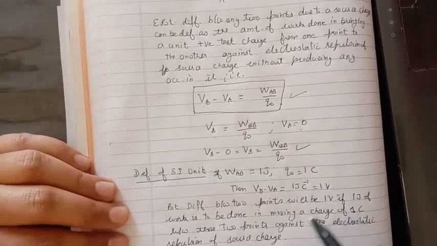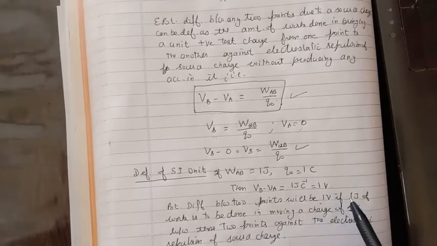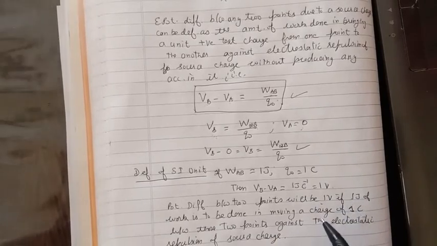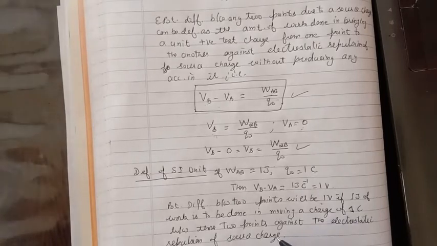So potential difference between 2 points will be 1 volt if 1 joule of work is done in moving a test charge of 1 coulomb between those 2 points against the electrostatic repulsion of the source charge.